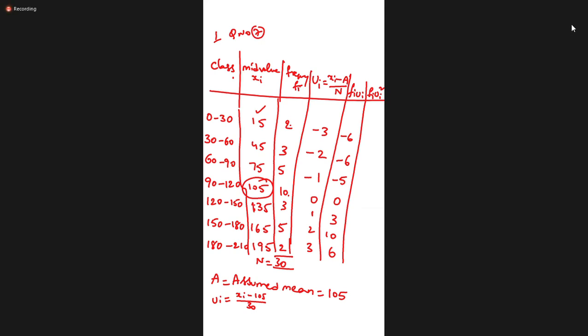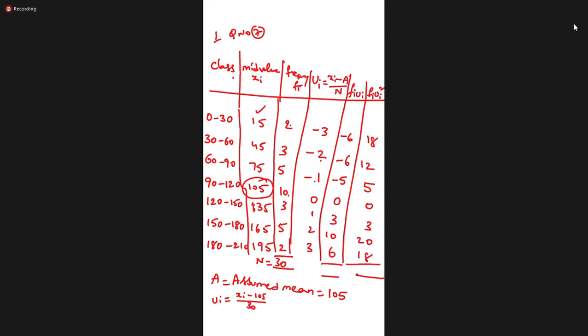So u is minus 3, square is 9, 9 twos are 18. Like that: 18, 12, 5, 0, 3, 20, 18. Now add fi ui and fi ui square also.